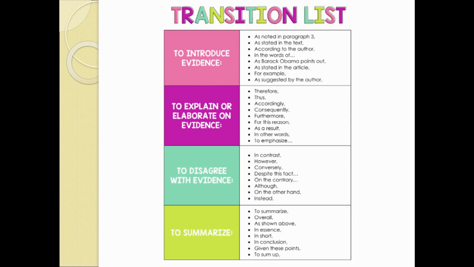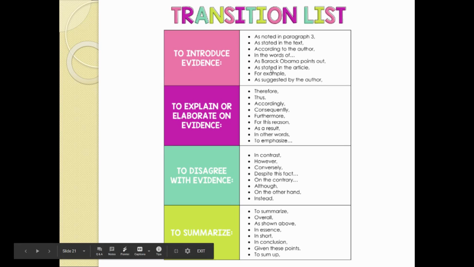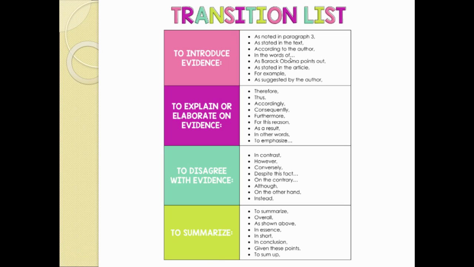I'm also giving you some other key phrases that you might put in your essay. When you're introducing evidence, you have some examples like, in the words of, according to the author, for example. So you don't want to use for example every single time. You want to kind of mix it up. Next, to explain or elaborate on information.